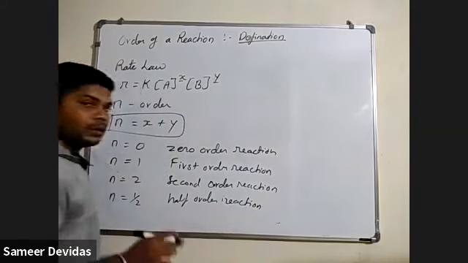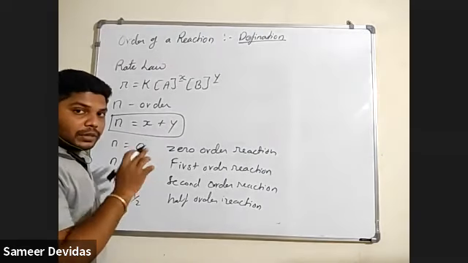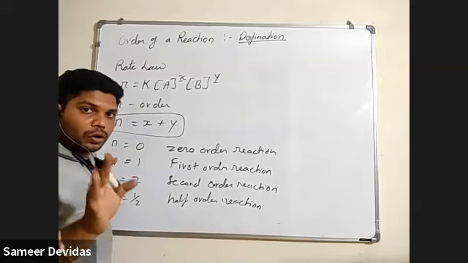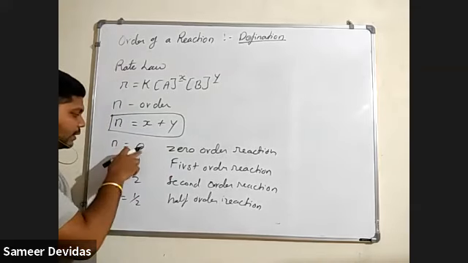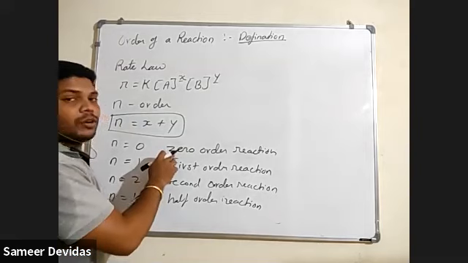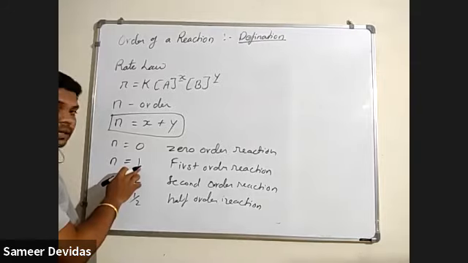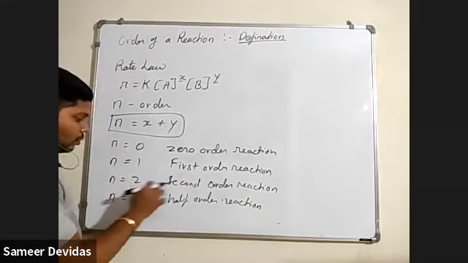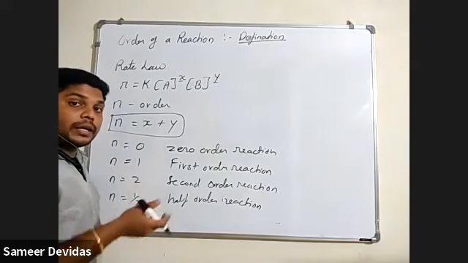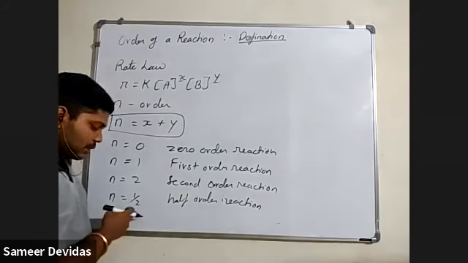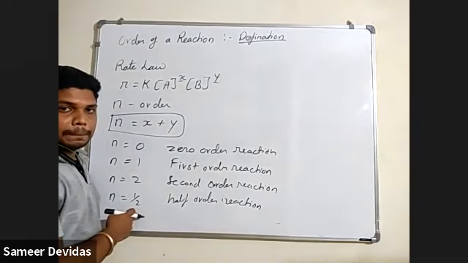So in short, if n is equal to 0, you call it zero order reaction. If it is 1, first order reaction; 2, second order reaction; half, half order reaction. So order can even be a fraction. Remember, students, because this is a fraction. Am I right?